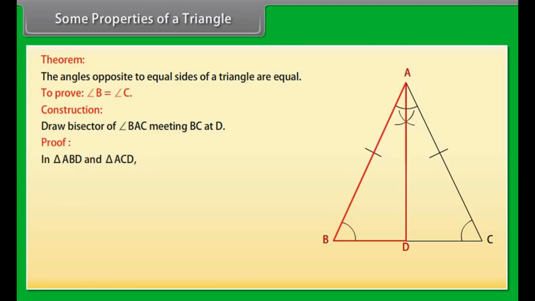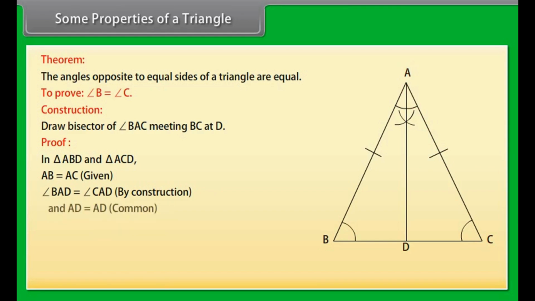In triangle ABD and triangle ACD, AB is equal to AC, given. Angle BAD is equal to angle CAD by construction, and AD is equal to AD, common. Therefore, by SAS rule, triangle ABD is congruent to triangle ACD. Hence, angle B is equal to angle C.